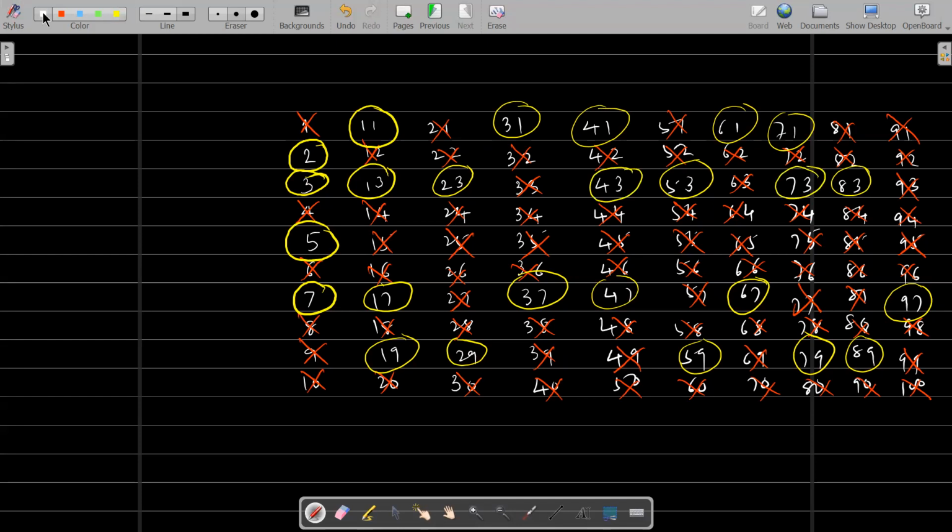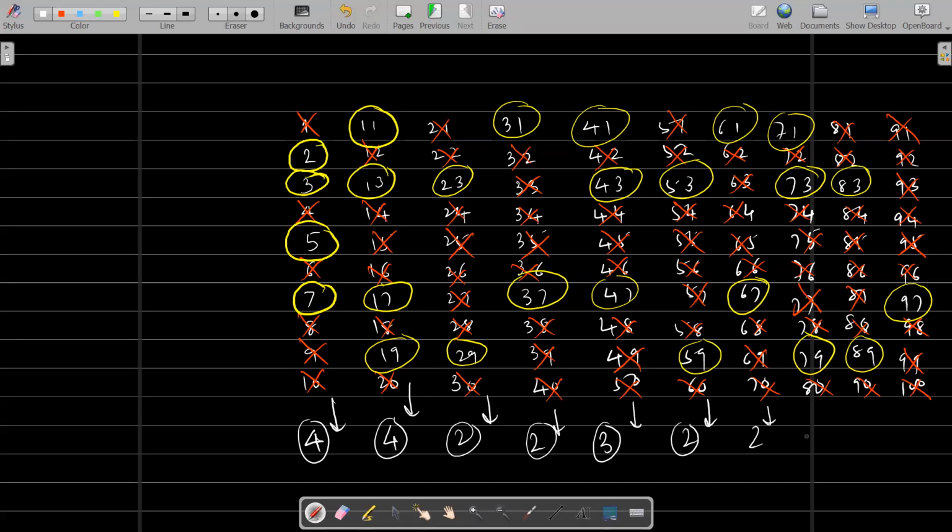So check, are they 25 now? Here there are 4 numbers, 2, 3, 5, 7 in the first 10 numbers. These are again 4. Then in the next 10 there are only 2. Next again only 2. Then we have 3 here, again 2 here, 2 here, 3 here, 2 here, and only 1 here.